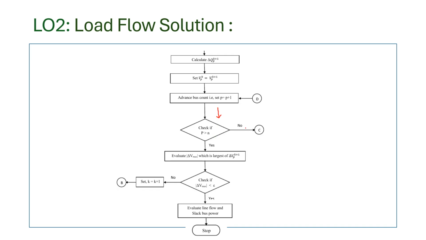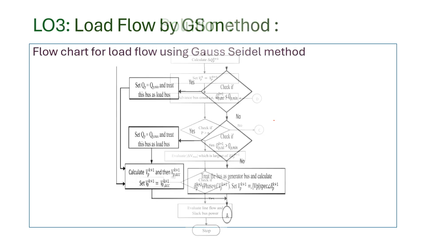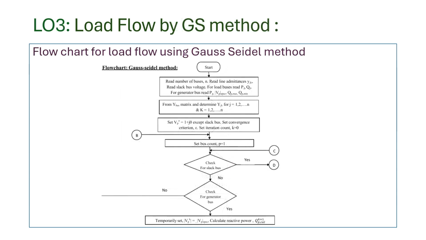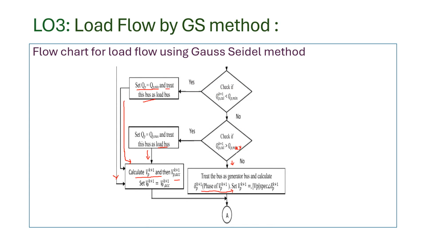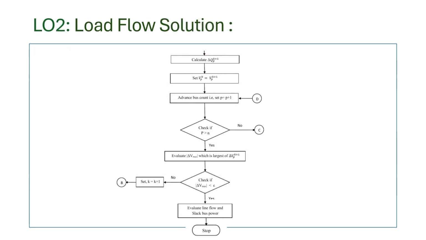If it is not the last bus, then we go to point C. This C point comes to this point, where we check whether it is a slack bus. Again the iteration will begin, it will check whether it is a PV bus or a PQ bus, and the appropriate calculation will be done.